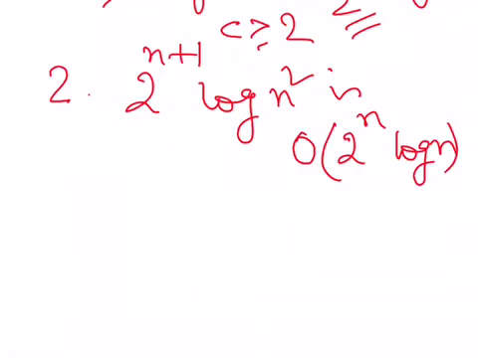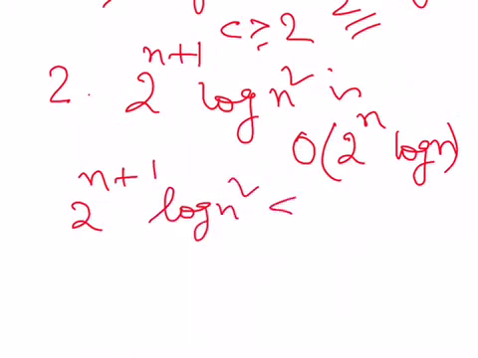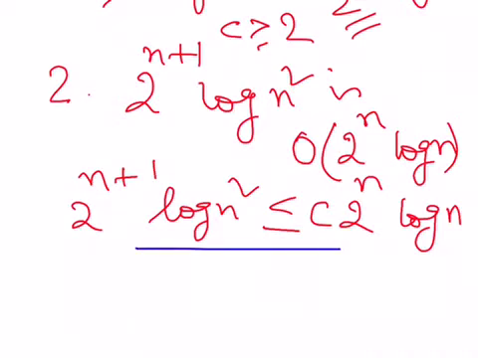Again, we write the expression: we have to show 2 power n plus 1 log of n square is less than or equal to c times 2 power n log of n. This expression is what is important for us to look at now.